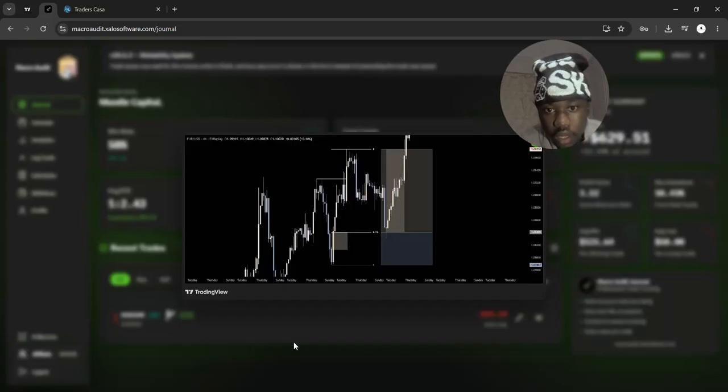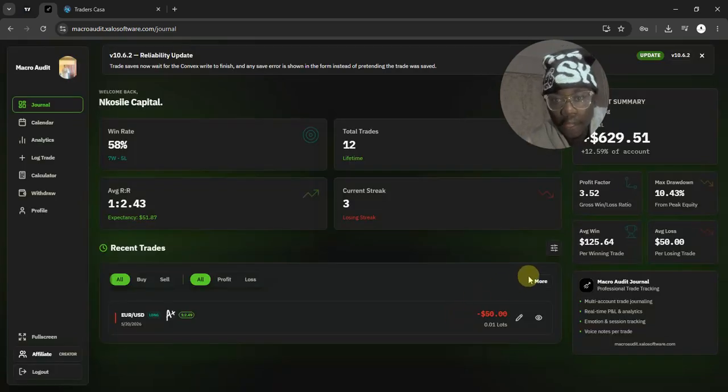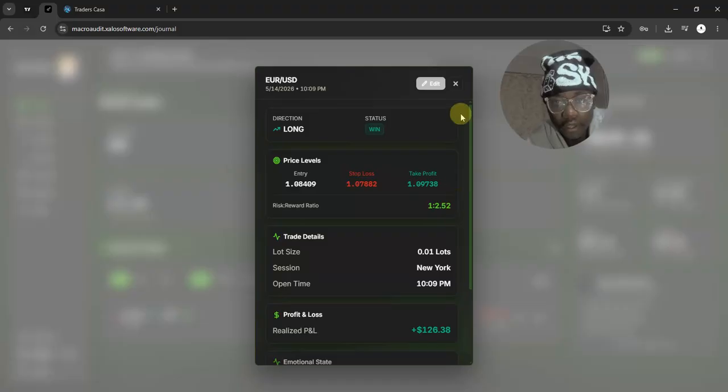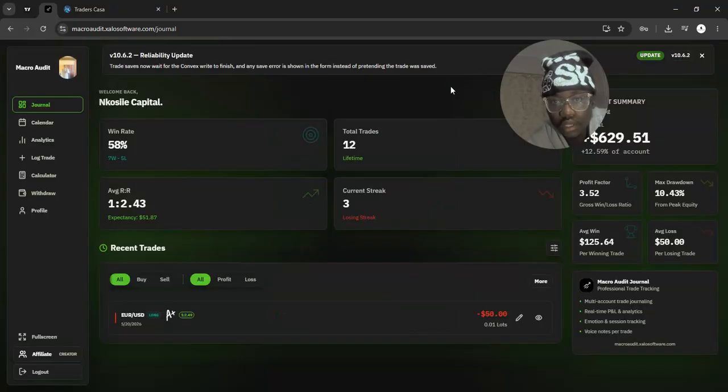Beautiful trade, by the way. It was not really a trade where it got stuck. It hit take profit within, let me see, 1, 2, 3, 4, 5, 6, that's 1 day. 1, 2, 3, 4, 5, 6, that's 2 days. 2 days and 4 hours, imagine. So yeah, it was a good trade as well, and it was really great, can't lie.